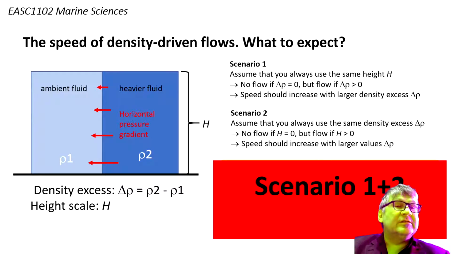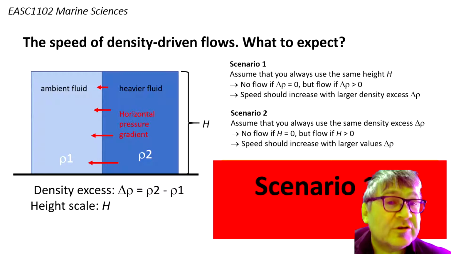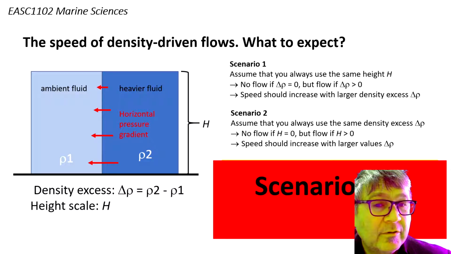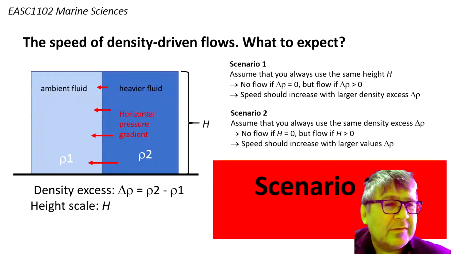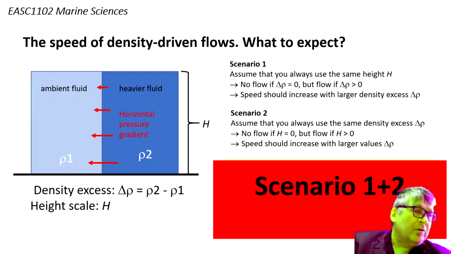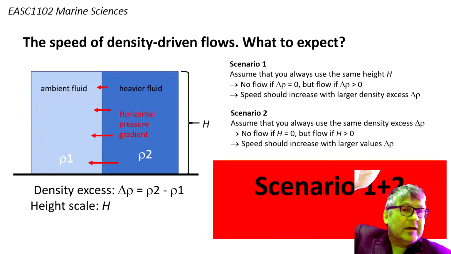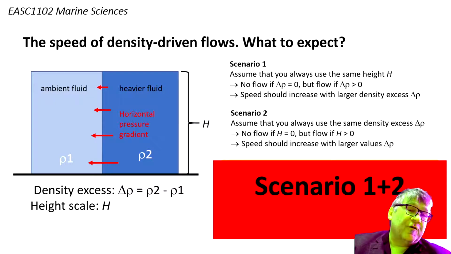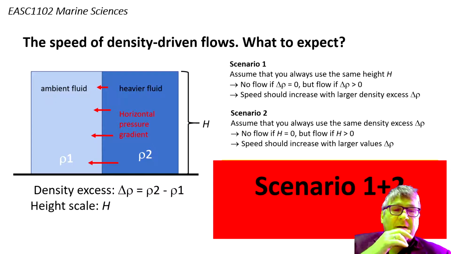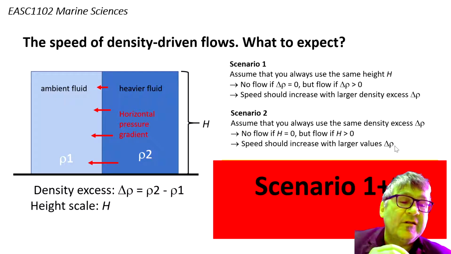And it's also reasonable to assume that if you increase the height, you get stronger flows, because you increase the pressure gradient. So speed should increase with a larger value of H.